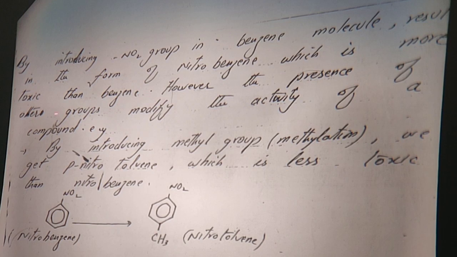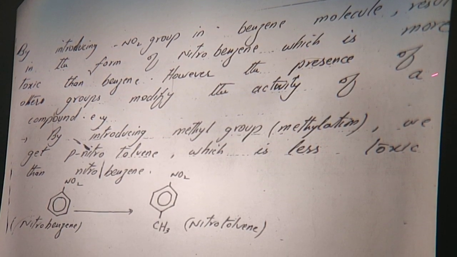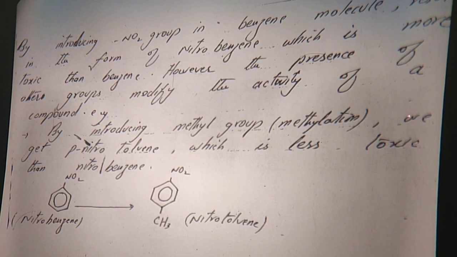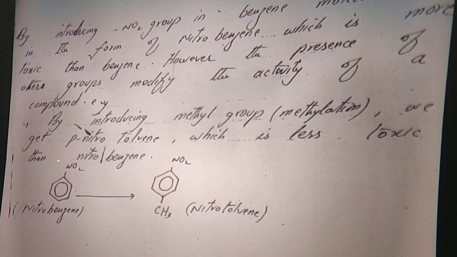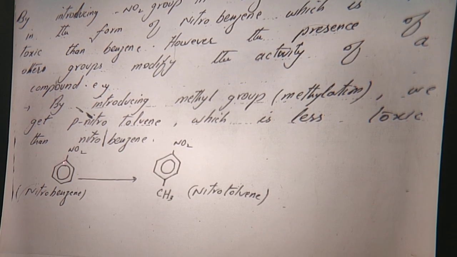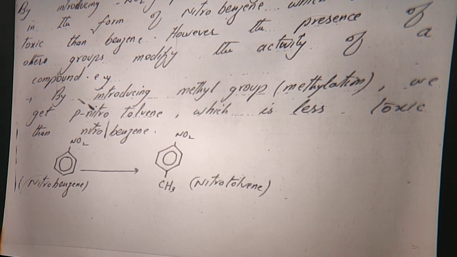However, the presence of other groups modifies the activity of the compound. For example, by introducing a methyl group, or methylation, we get para-nitrotoluene, which is less toxic than nitrobenzene. Nitrobenzene is toxic, and this is less toxic when you introduce a methyl group into it.